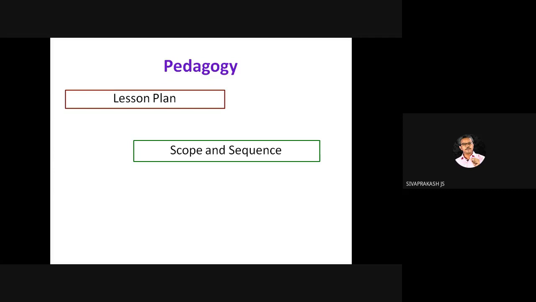Am I clear? So the lesson plan is on time, because every day, every hour they used to prepare. In the lesson plan, they even divide the 40 minutes: first 5 minutes, what the teacher is going to do, next 15 minutes, and last 5 minutes, how he or she is going to recapitulate the entire class. Right?